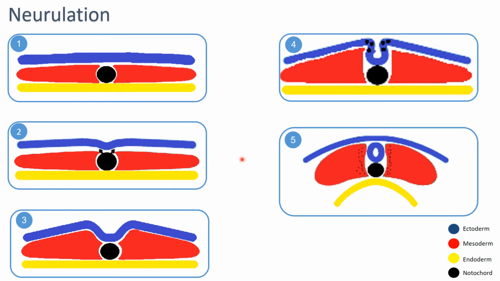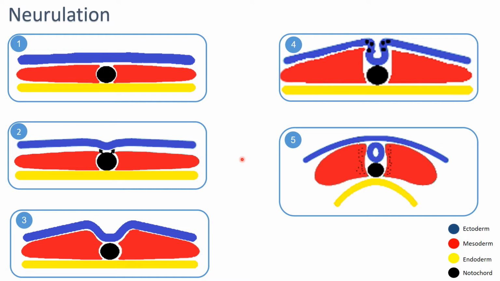So at this stage in development, as the notochord is forming, the ectoderm in the middle of the embryo also starts to thicken and becomes what is known as a neural plate. And the ectoderm starts to become what is known as neuroectoderm.